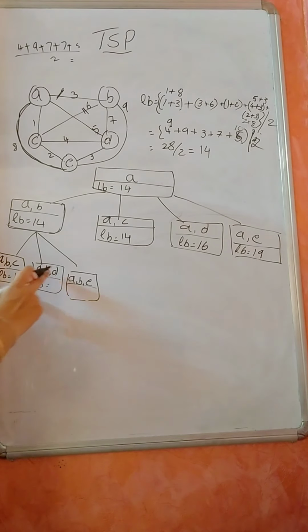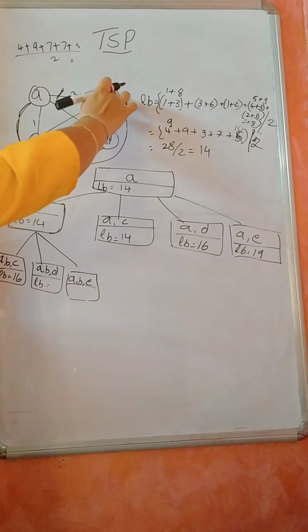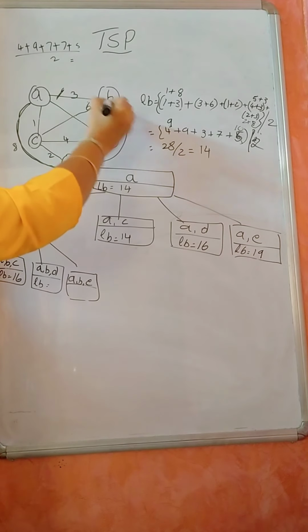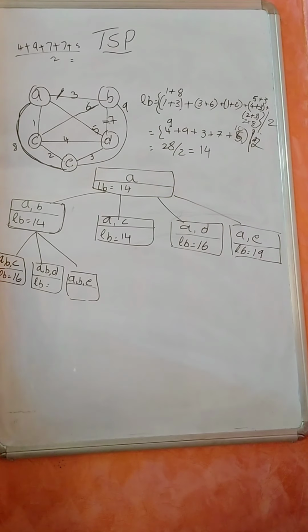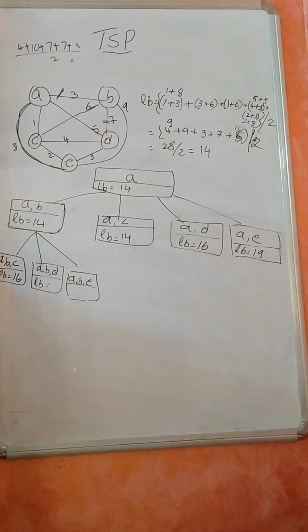Now A to B is fixed, 3 is fixed, and B to D is fixed, 7 is fixed. Now you compute 1 plus 3, that is 4. Next from B it is 3 plus 7, 10. And from C, 1 plus 2, 3.